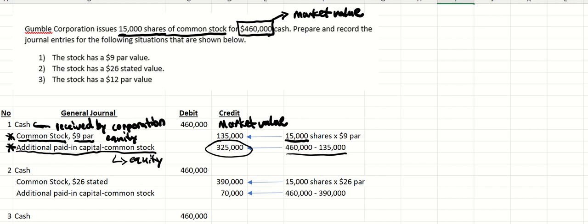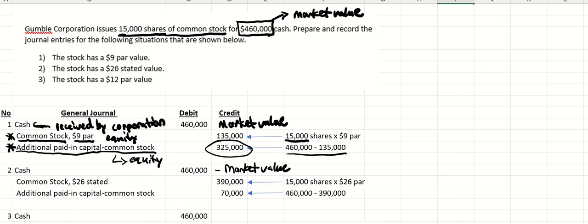So the cash that was received doesn't change. It's $460,000, and again, that's the market value. That's how much the company's saying 15,000 shares is worth $460,000 in cash. So pay up, shareholder. The shareholder did. This is why Gumble Corporation received $460,000.